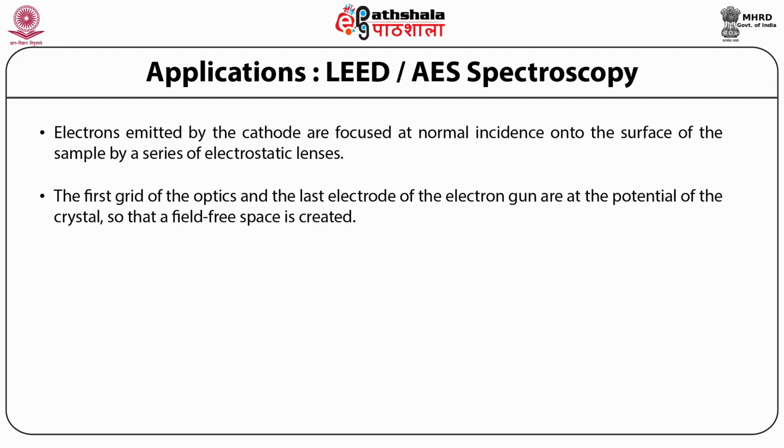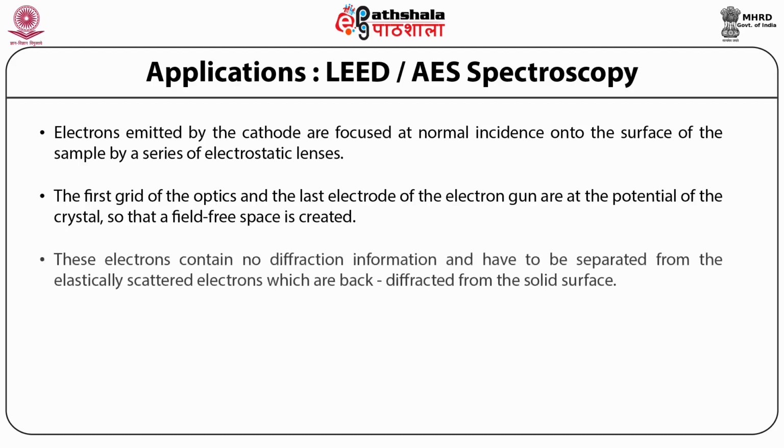The majority of the electrons backscattered from the crystal have lost energy in the scattering process. In inelastic scattering, these electrons contain no diffraction information and have to be separated from the elastically scattered electrons, which are back diffracted from the solid surface.